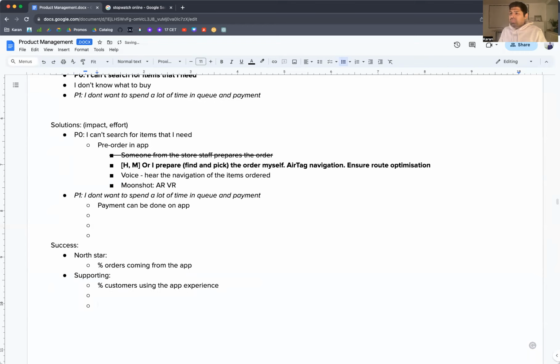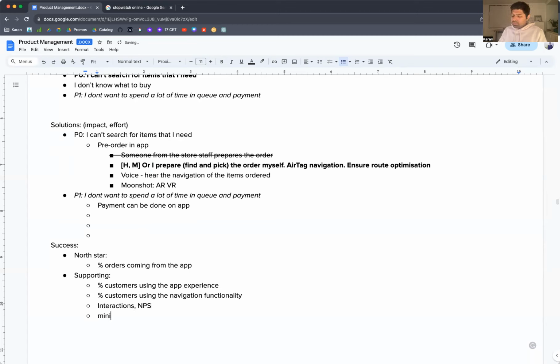Now, other supporting metrics would be the percentage of customers using the navigation functionality we developed, interactions with it. Any positive reviews could definitely help, so some sort of a net promoter score.